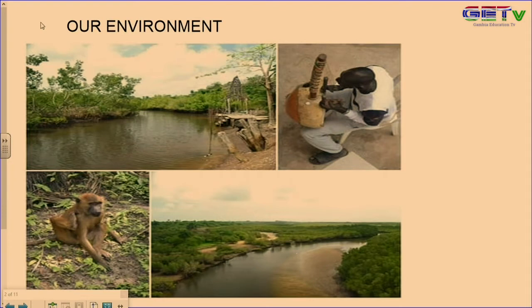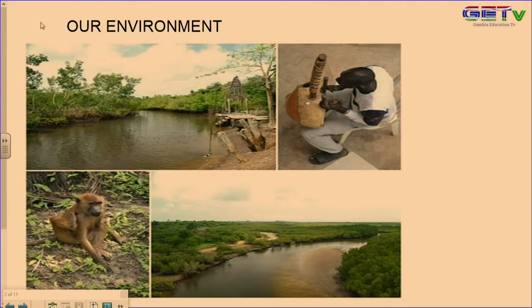And the fourth picture as well, you have the stream there, and you also have the vegetation or the land cover. Now, if you look at those pictures, you'll come to realize that man uses these things in the environment. That is the water, the land, the trees, and the animals.